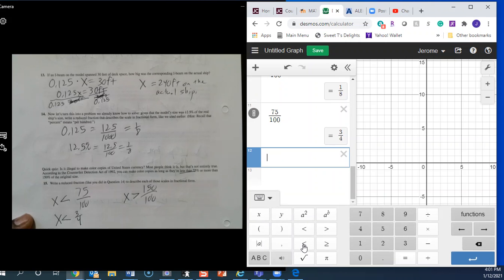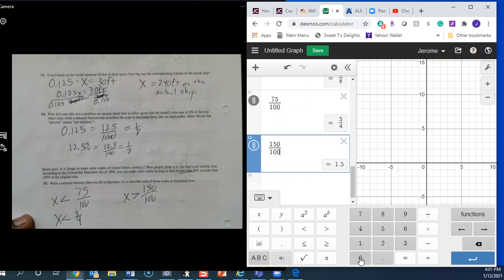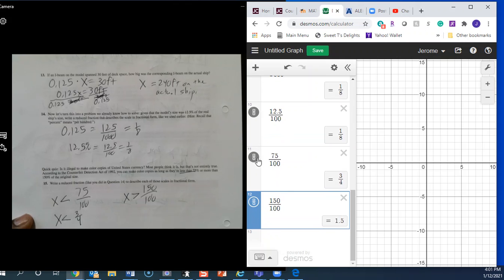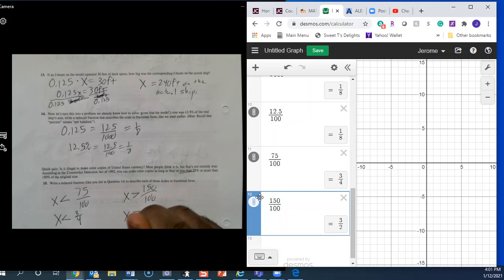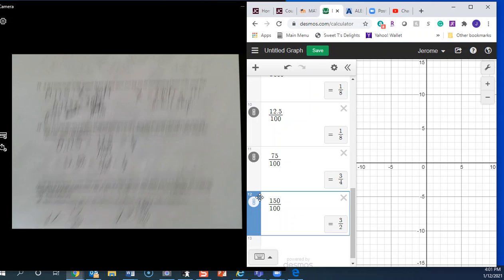And then we would do 150 divided by 100. And it'll be 1.5, but we hit the division key here. And it'll be 3/2. So it also must be greater than 3/2. Okay, now that took care of problem 15.